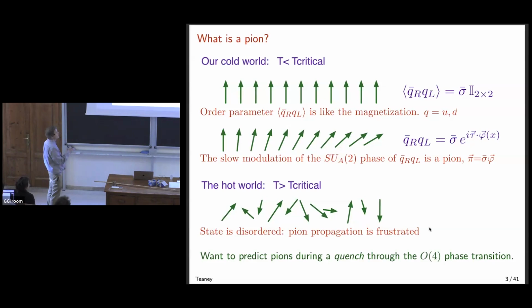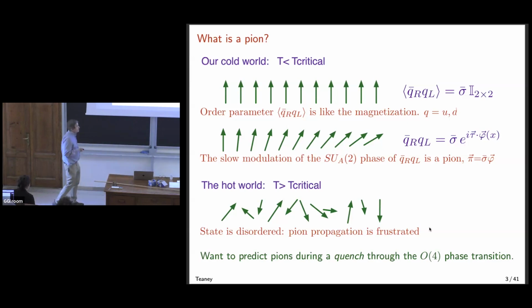If you are in the cold world and you have a slow modulation of the phase of this 2 by 2 matrix, rotating these u and d quark flavors amongst each other, that will lead to a slow rotation of this chiral condensate. And the pion is the phase of this order parameter, this SU(2) matrix.